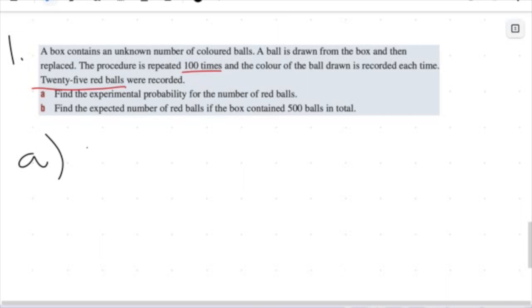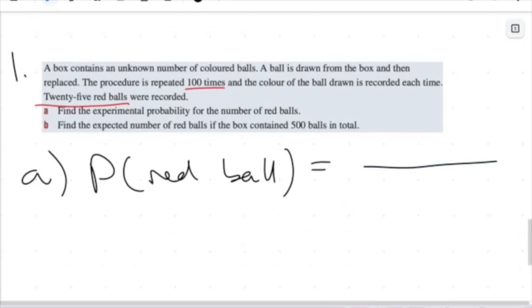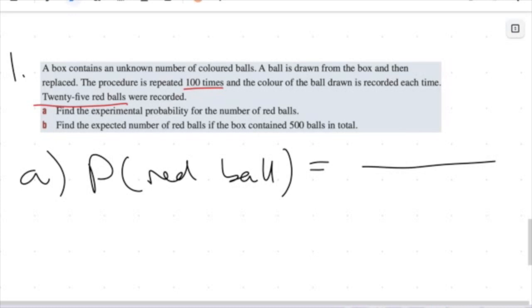So my probability of getting a red ball, my experimental probability, is going to be, first, the number of times we drew the favorable outcome. Now here, the outcome it talks about is drawing a red ball. So the number of times we drew this favorable outcome is going to be 25.